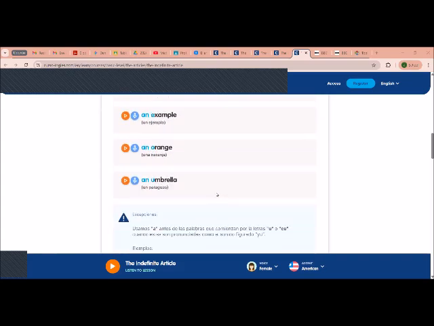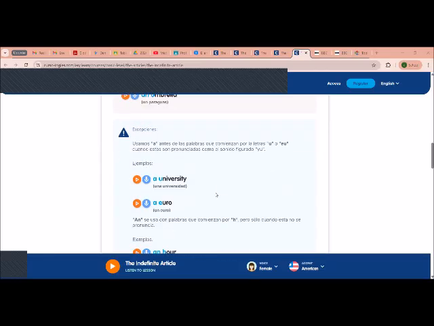Now, this might get a little bit confusing because some words in English have different sounds than the letters that you see. For example, A, E, I, O, U are vowels, but not every A, E, I, O, U sounds like a vowel. The combination of letters is mixed together to create sounds.